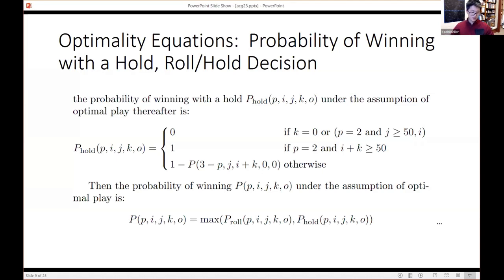And P hold will be 1 if the player is player 2, their score has reached more than 50, and their score is larger than the first player's also. Otherwise, if we hold, we want to find the probability of winning of the first player or the other player. Then the probability of winning, under optimal play, is the maximum of rolling or holding, depending on what choice we make.